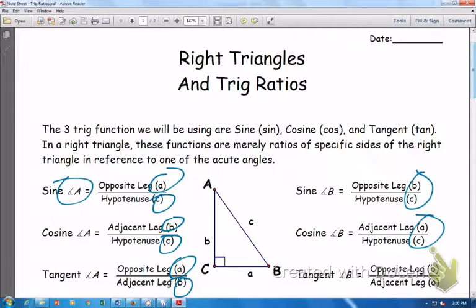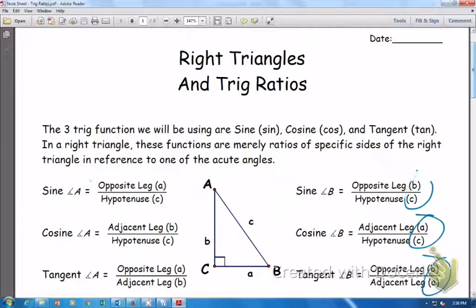And then tangent is opposite over adjacent, or b over a. So it very much matters what angle you're doing sine, cosine, and tangent from. But they're just ratios.